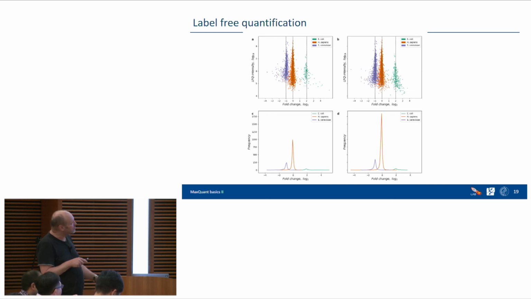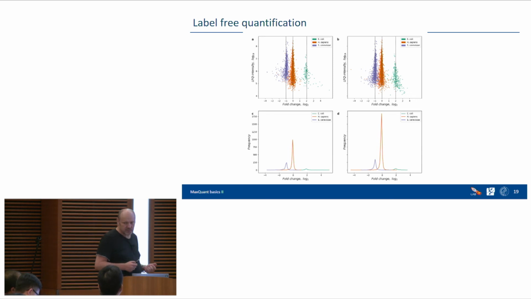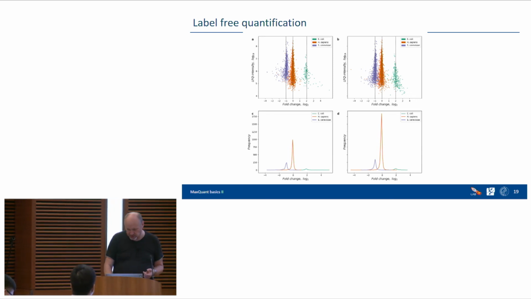The vertical lines are the expected ratios, and you see that everything is nicely clustering around these. The left and right is again with and without matching between runs. So with match between runs, you get a lot of proteins that are low abundant that you don't see here without the match between runs switched on. So it's working again, so one can use label-free quantification for that. And that appears to be the last slide, so thank you for your attention.